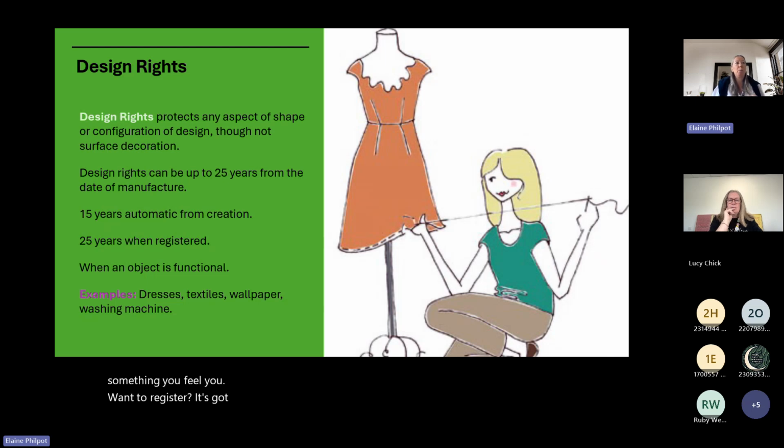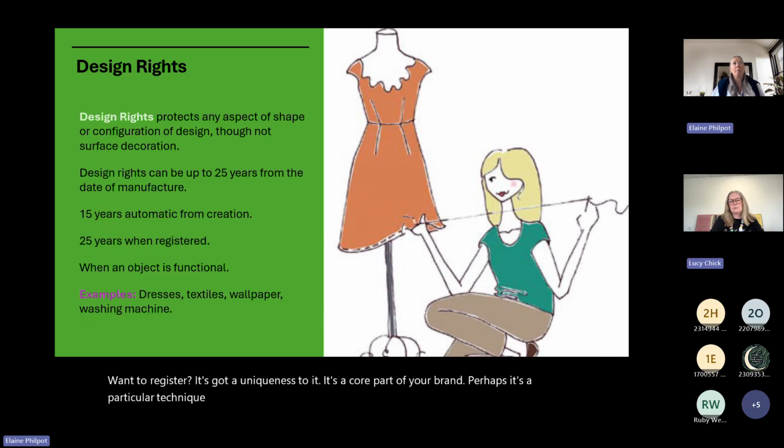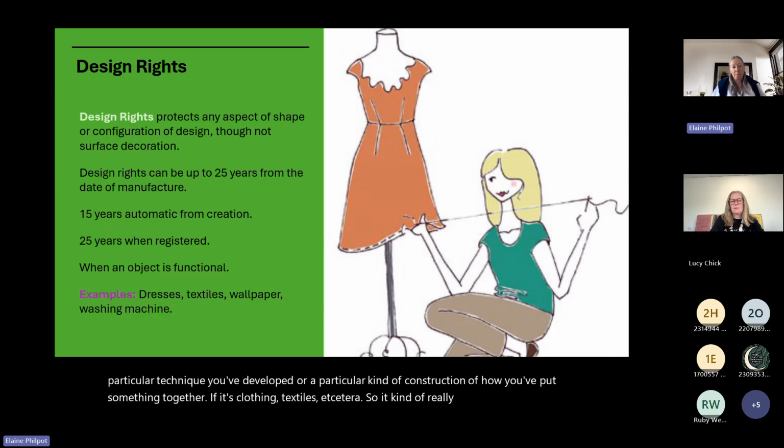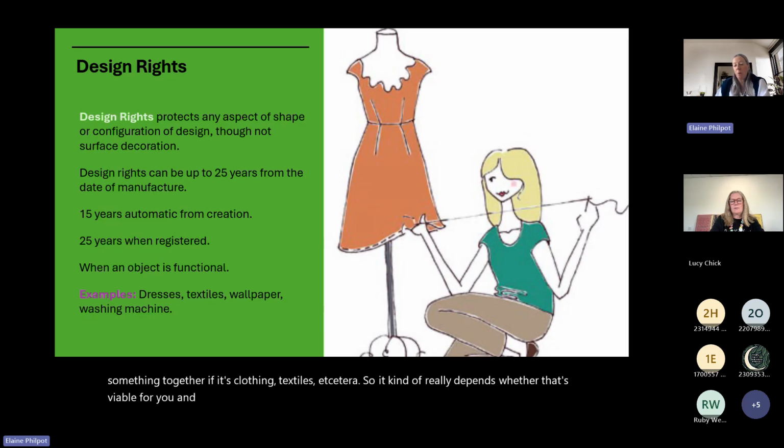It's a core part of your brand. Perhaps it's a particular technique you've developed, or a particular kind of construction of how you've put something together, if it's clothing, textiles, etc. So it really depends whether that's viable for you, and something you want to develop more knowledge or understanding of.